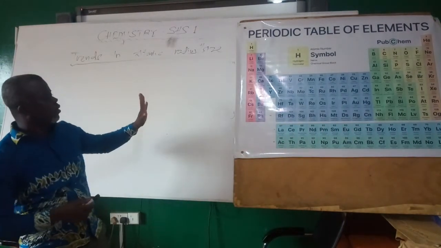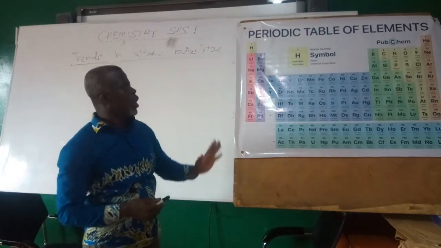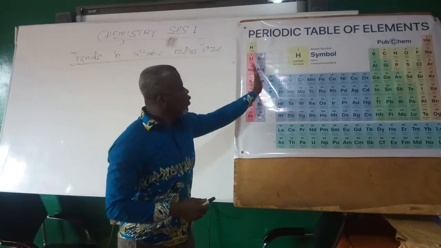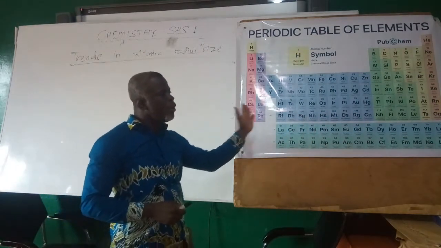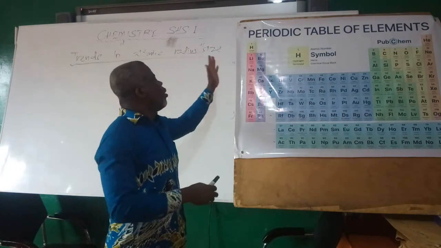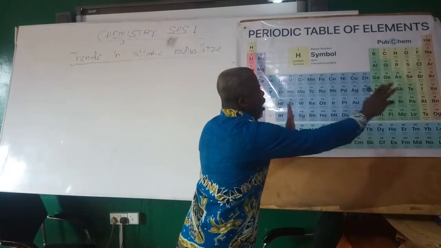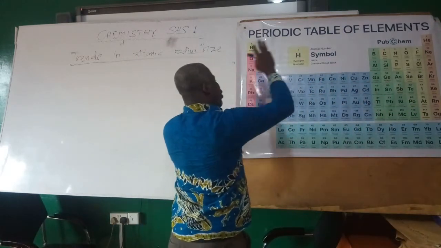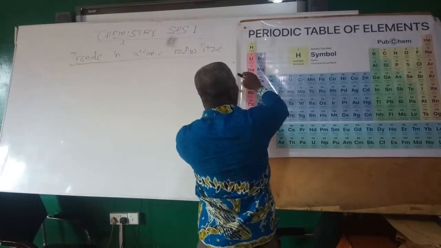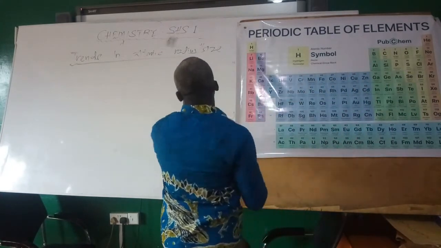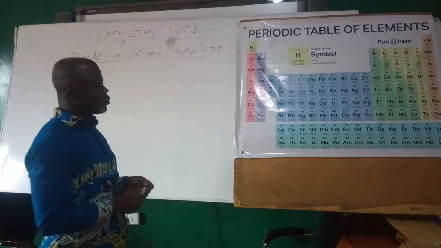So these two factors determine whether we are going to see a decrease or an increase in atomic radius. When you consider the arrangement of electrons in the periodic table, moving from left to right, whether we see a decrease or increase depends on these factors.